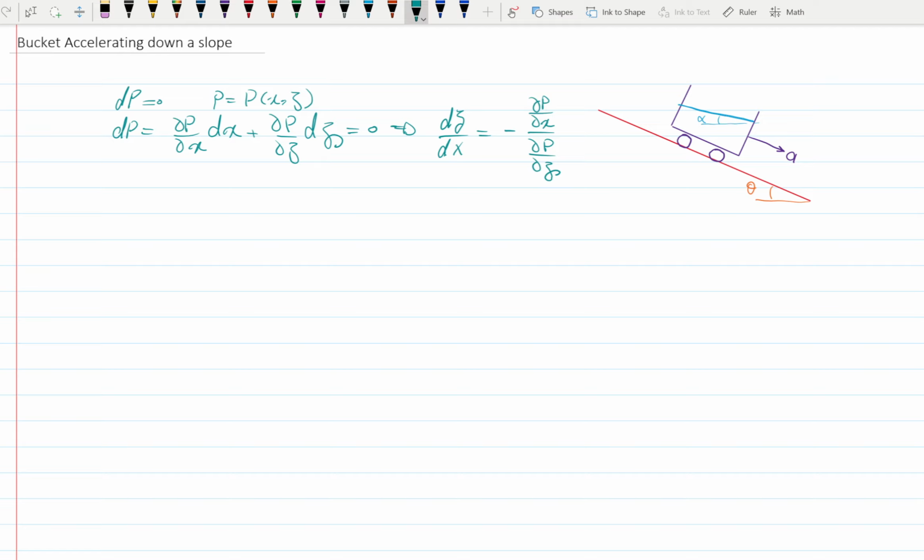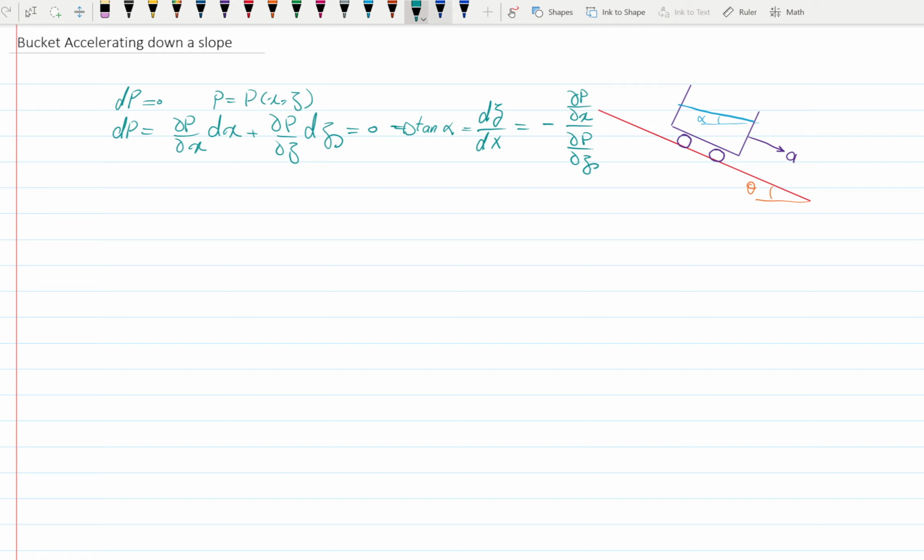All right, and dz/dx is really the tangent of the angle that the water surface makes. This is tangent alpha with the horizon. All right, good.